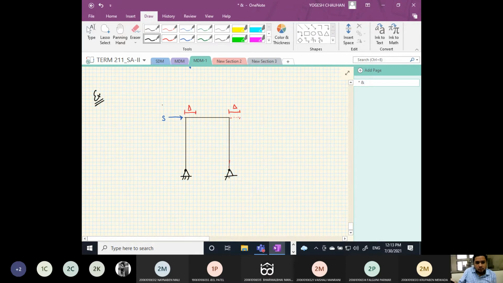We are considering a case in which both are fixed supports, and the frame is subjected to an eccentric point load of 120 kilonewton.